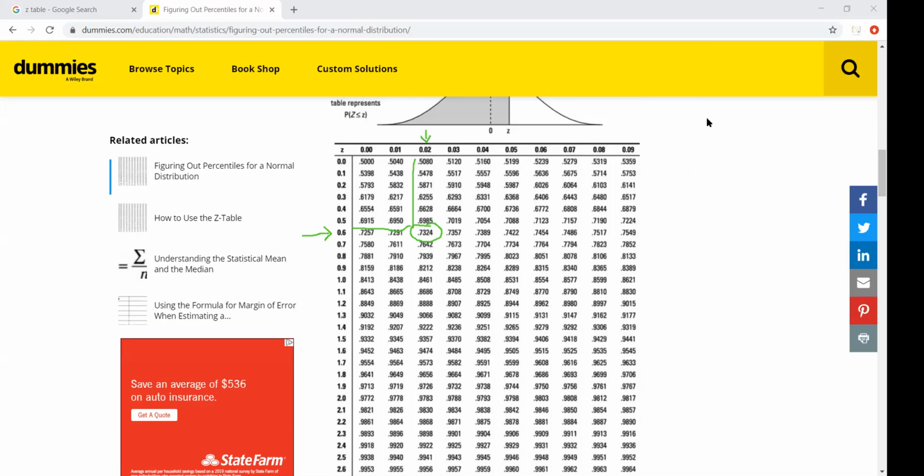We wanted the probability that Z is less than 0.62, and what we discovered is that that's equal to 0.7324.